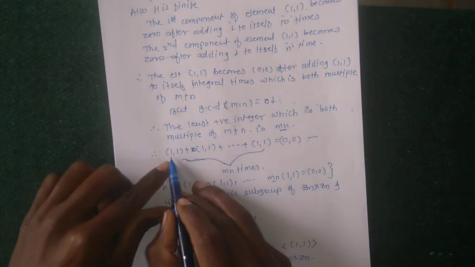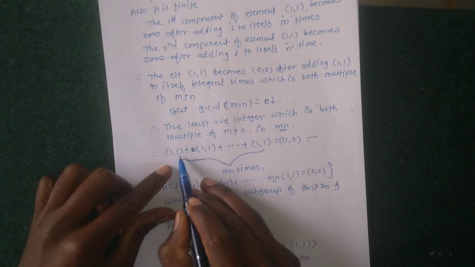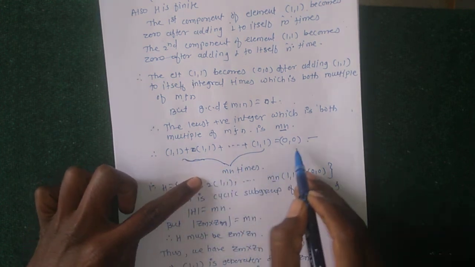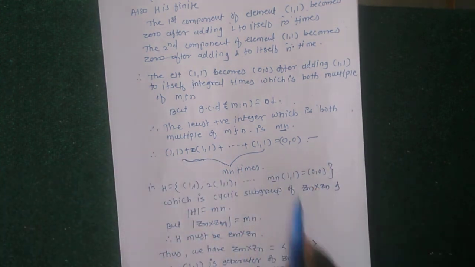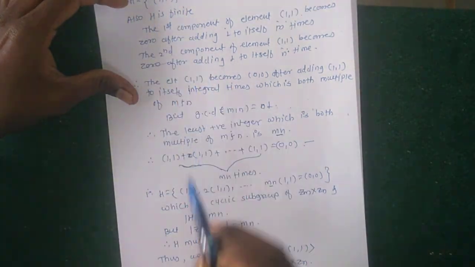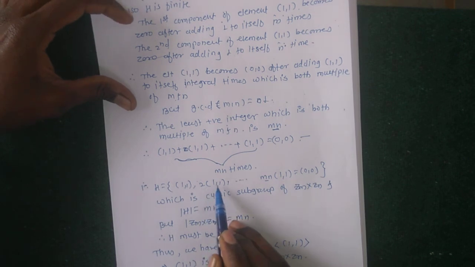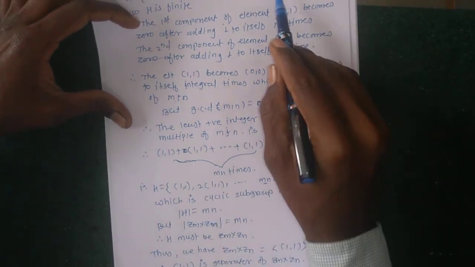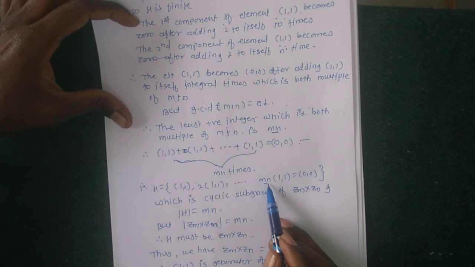So adding the ordered pair (1,1) up to mn times, the value is 0. Therefore the set H must be of the form (1,1), 2 into (1,1), and so on up to k, where the value of k must be m into n.